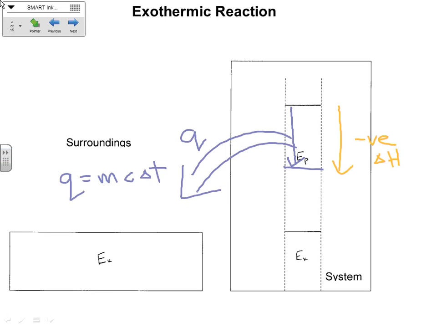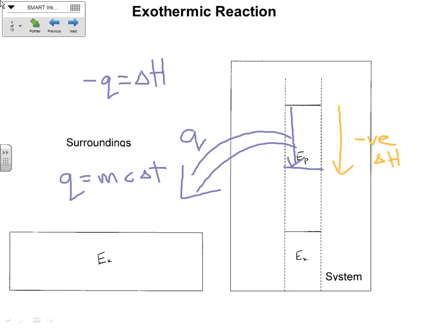The relationship between Q and delta H, you'll notice that they're opposite signs. Because of the conservation of energy, the amount of energy this thing gave away has to be equal to this energy. So negative Q is equal to that enthalpy change.